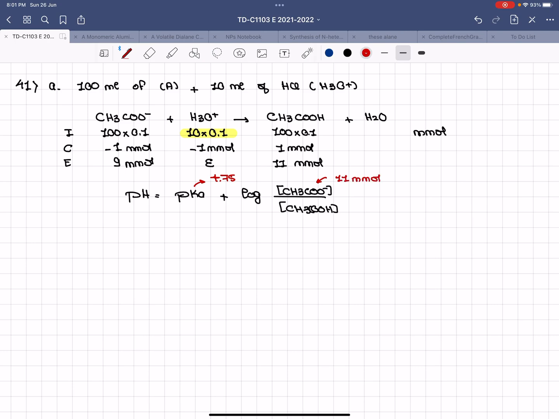If you divide by the total volume above and below, the total volume will cancel, so it's okay. And this is 9 millimole. And the pH is now equal to, I think, 4.67.